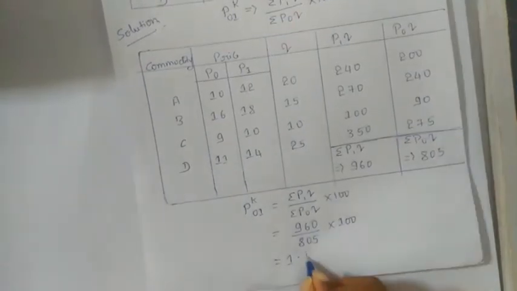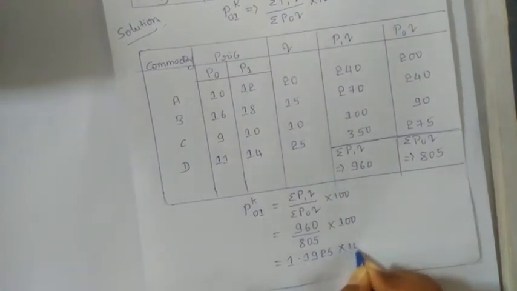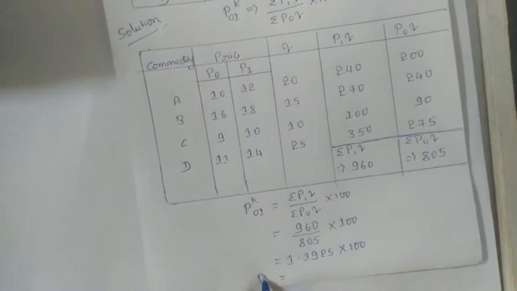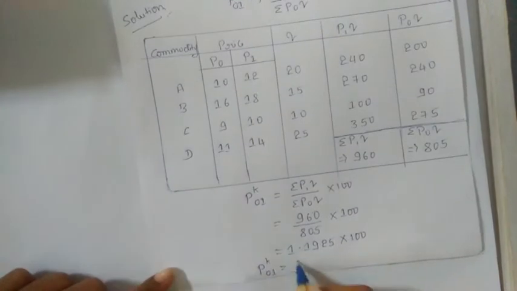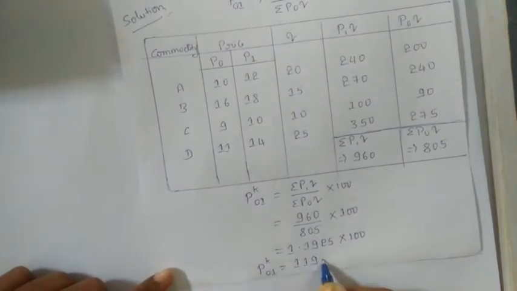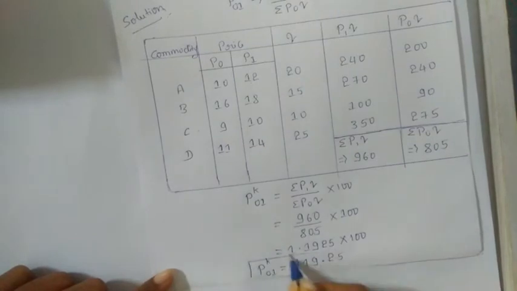So 960 divided by 805 is 1.1925, into 100. So the Kelly's price index number value is 119.25. This is the answer for Kelly's price index number.